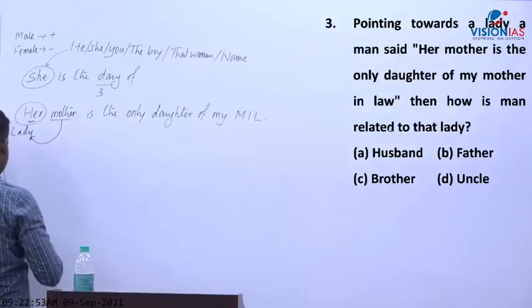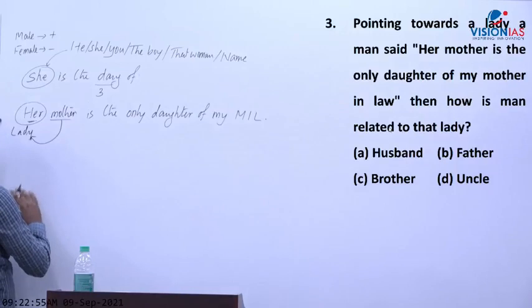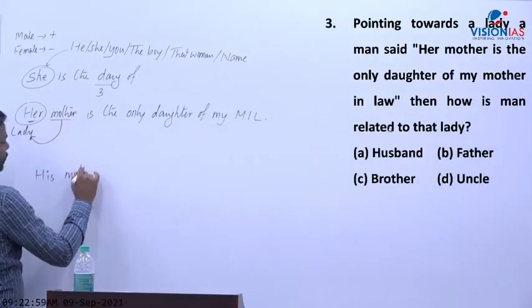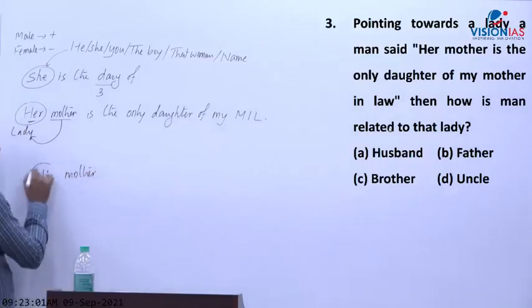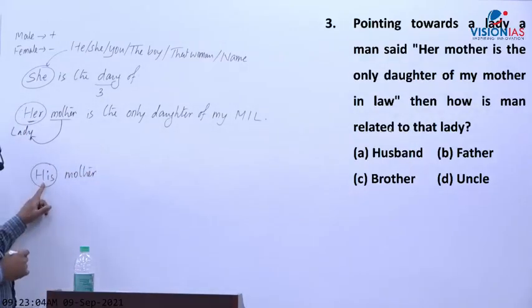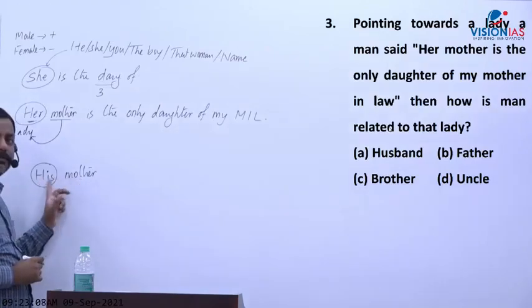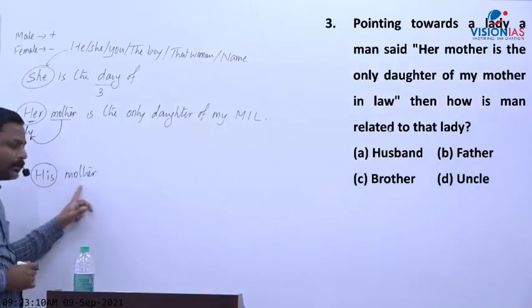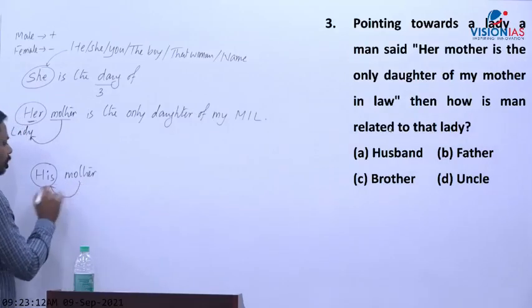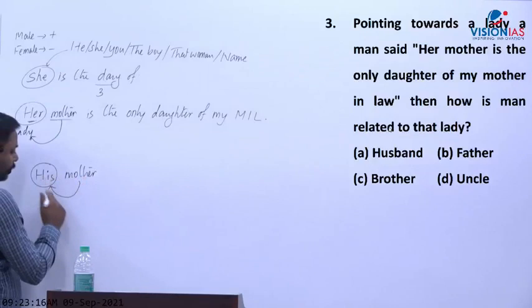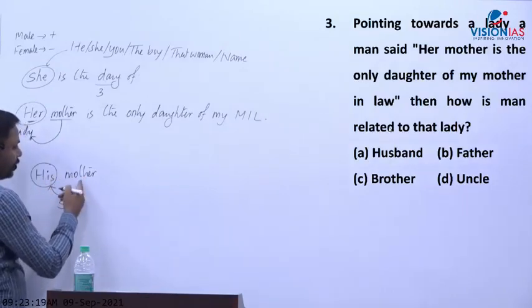Let's say his mother. When the statement is like this, his means this is a boy and the relationship is mother, means boy's mother. So for boy's mother, the boy will be son of the lady.